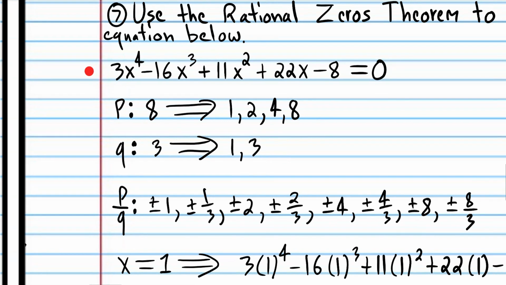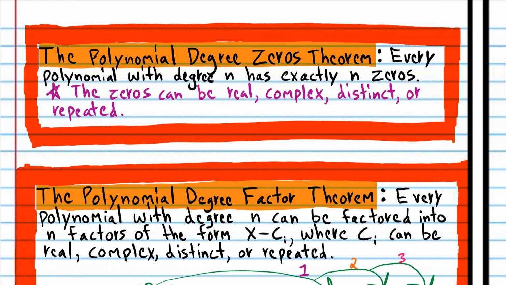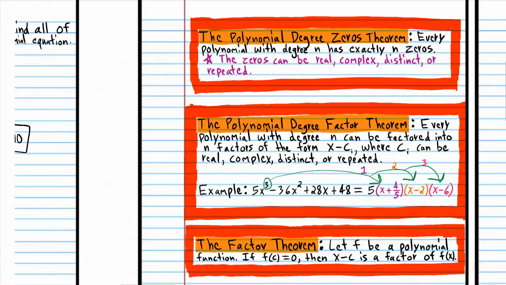Well, it turns out that there's a theorem that tells us that if we have a polynomial of degree n, the polynomial has exactly n zeros, or solutions to the equation, if we set it equal to 0. And those solutions can be real or complex, or they can be what we call repeated. We'll talk about what that means later on.